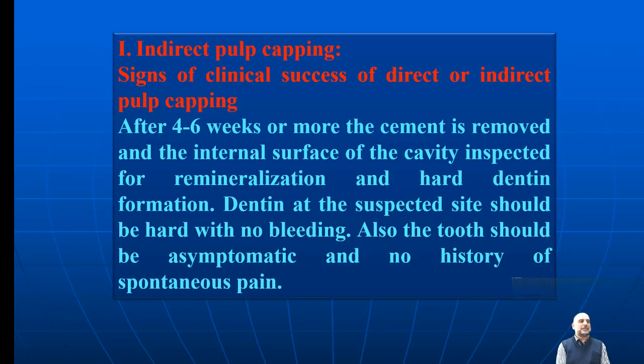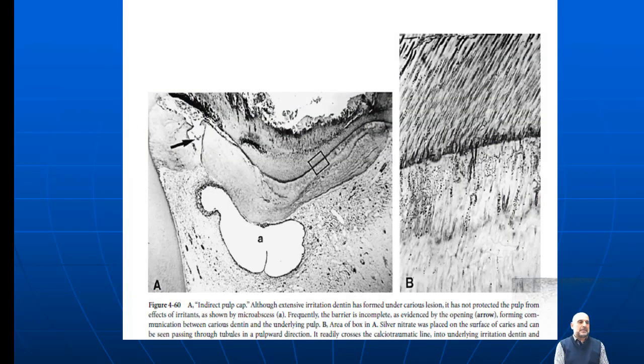Also, the tooth should be asymptomatic with no history of spontaneous pain. If these factors or signs are present, the procedure is successful and we can remove the caries. This is indirect pulp capping.